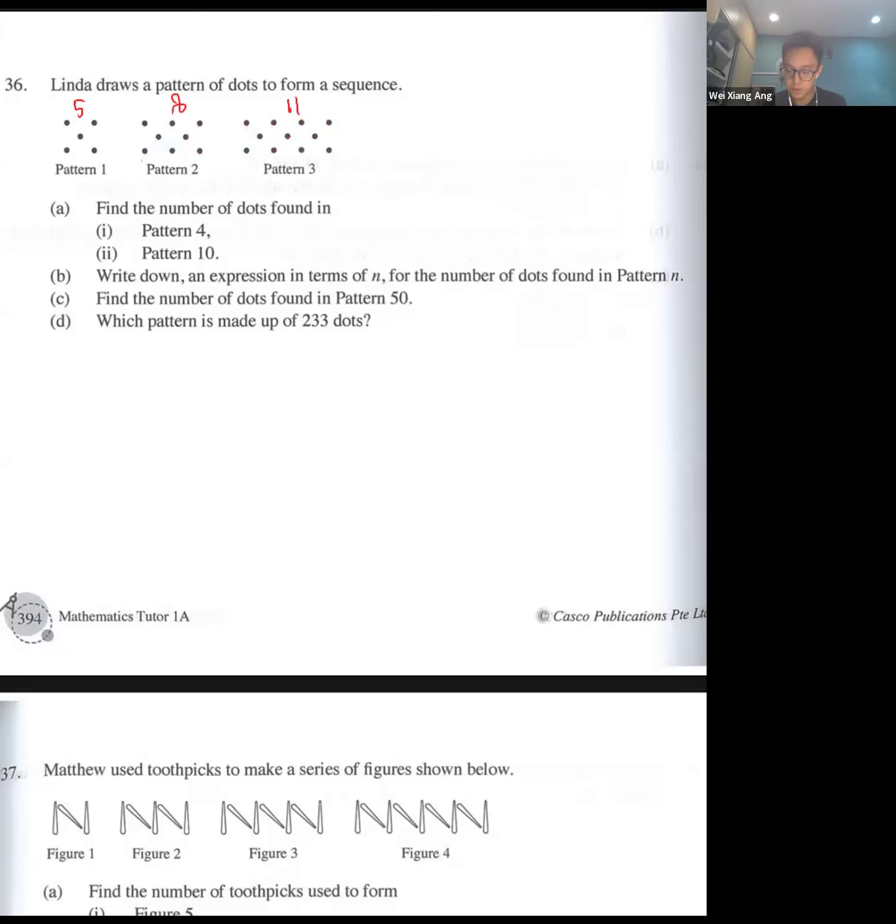It's pretty obvious if you do a lot of these questions, or you like to skip steps, but how did she get from the first to the second and the second to the third? She added 3 dots on the right. So the next pattern, she'll just add 3 more. So the pattern is plus 3, plus 3, plus 3, and this is an arithmetic sequence.